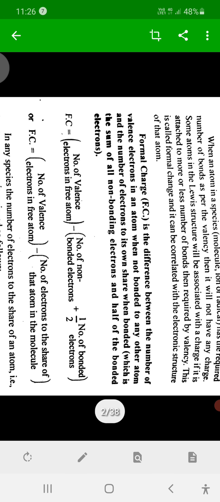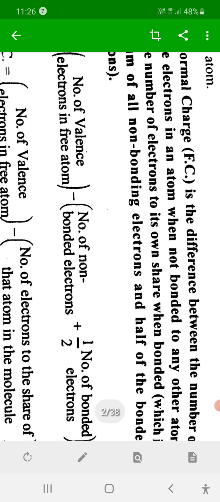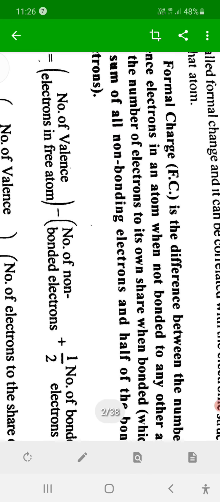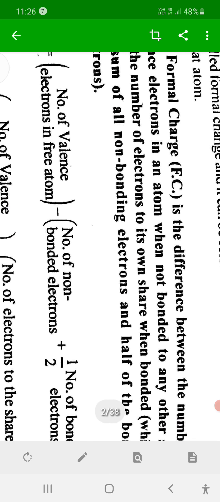And how can that formal charge be calculated? It can be calculated using this formula, that is formal charge is equal to the number of valence electrons in the free state of the atom. Valence means outermost shell electrons.